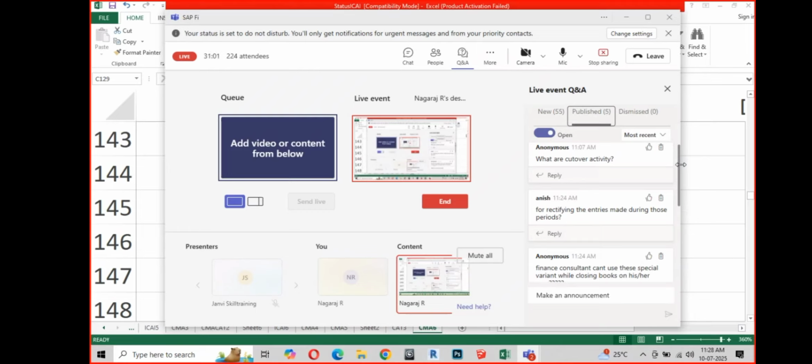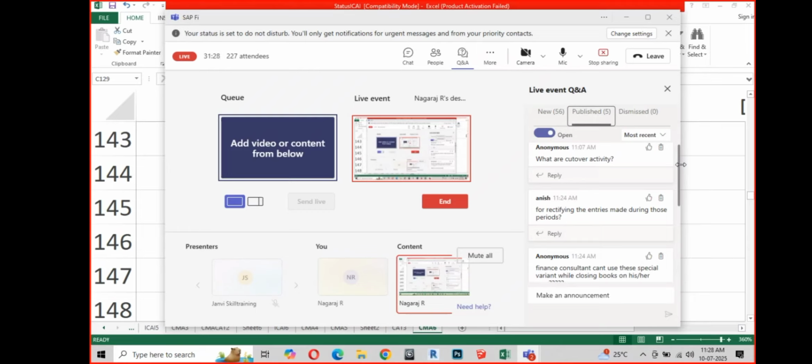Cutover activities. Now, whenever an organization wants to move into SAP, what do I mean by move into SAP? It was earlier using a different system, not SAP. Now it is moving from a different system to SAP.